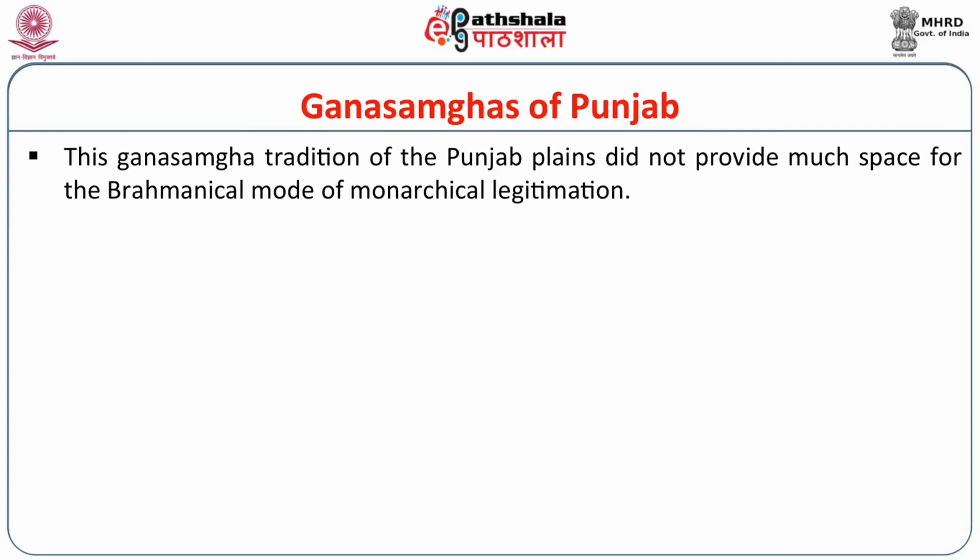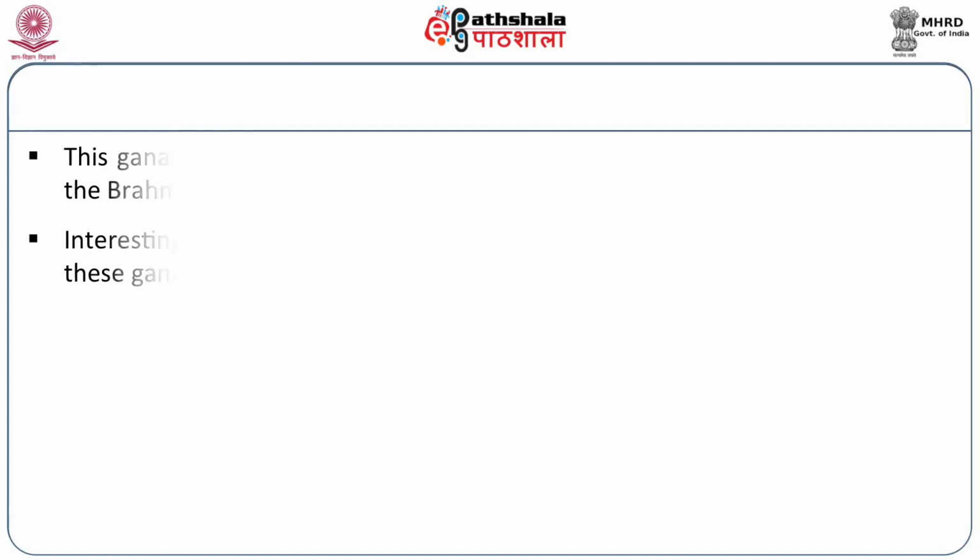The Ganasangha tradition of the Punjab plains did not provide much space for the Brahmanical structure. They did not have the Varnashrama Dharma, so they were not following the typical Chaturvarna system, and therefore they were also not part of the main structure of monarchical legitimation.